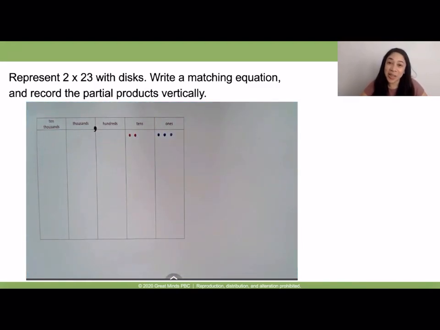Now, draw discs on your place value chart to show one more group of 23.